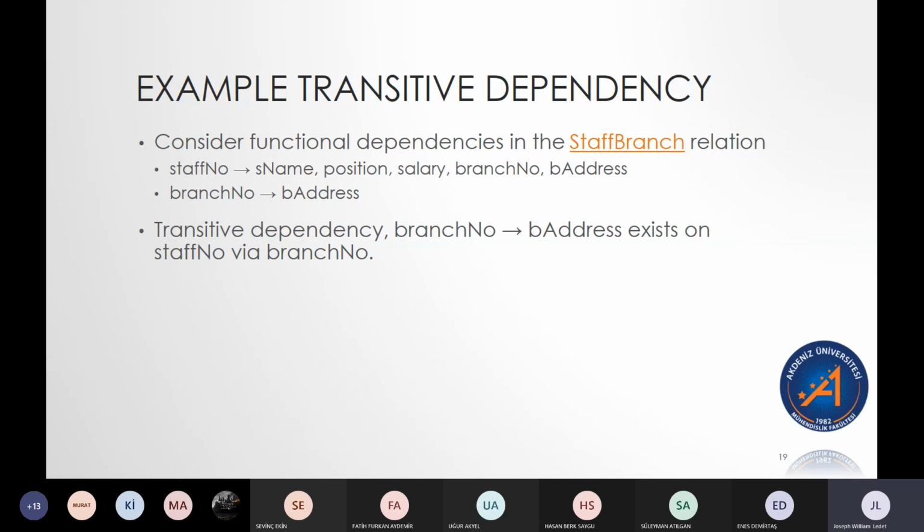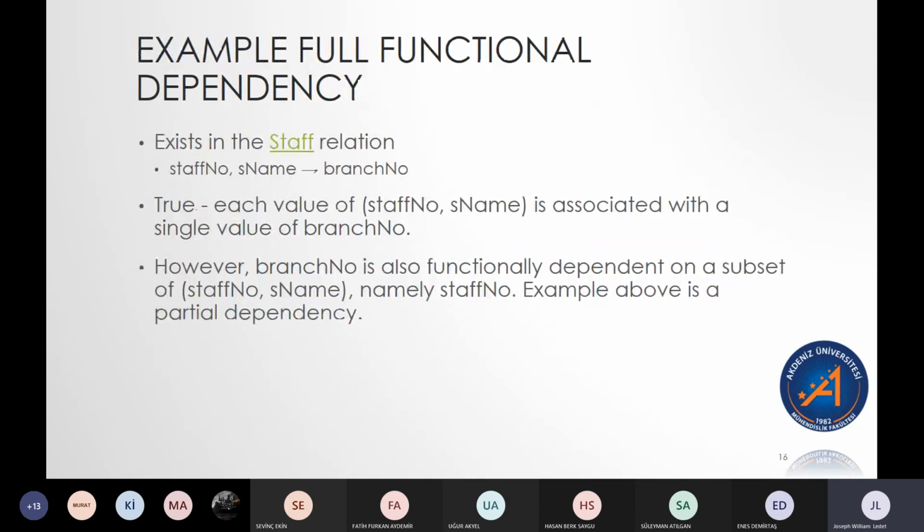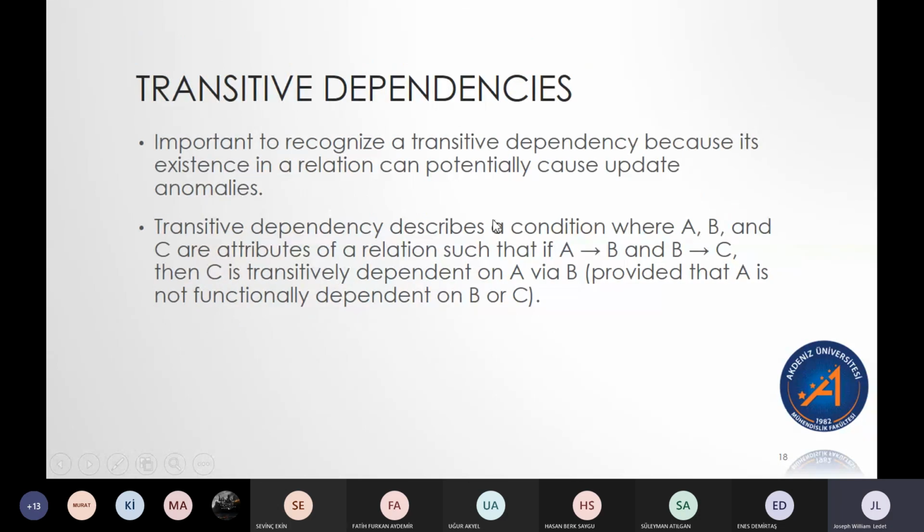All right, so I'm going to make sure that I say this again. Let me rephrase that. Full functional dependency versus partial dependencies and transitive dependencies are what we use to get from what's called the first normal form to the third normal form of our database.